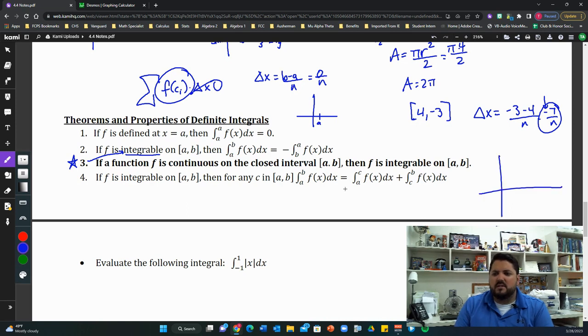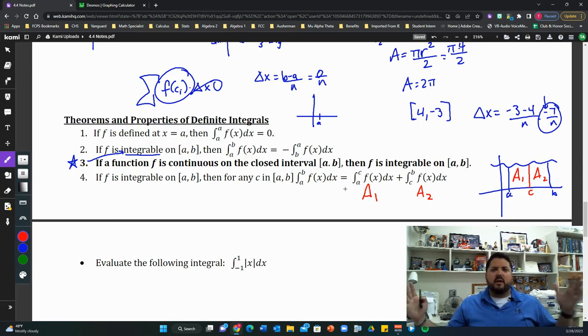So visually, what that's saying is, here's my function f of x, here's x equals a, here's x equals b. So for any value of c that I want to pick in the middle of this guy, if I just pick a random spot, the whole area should be equal to this first area, A1, from a to c, plus the area of A2 from c to b, which kind of makes sense.